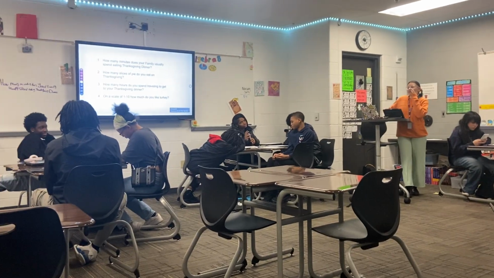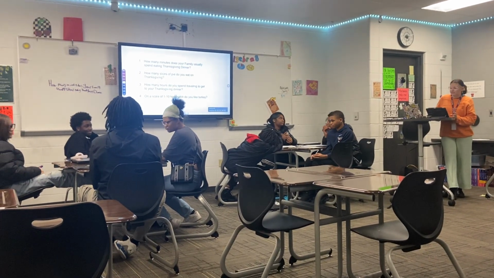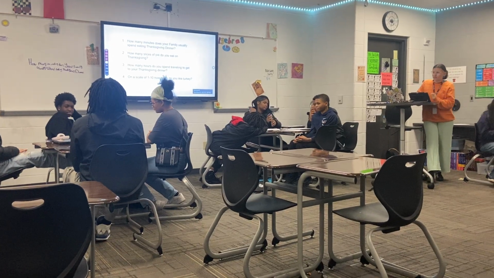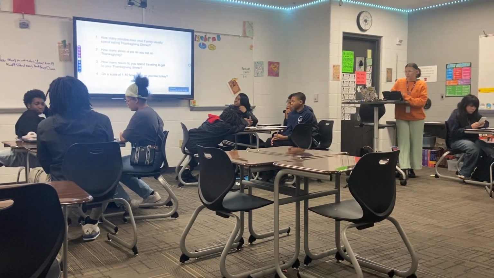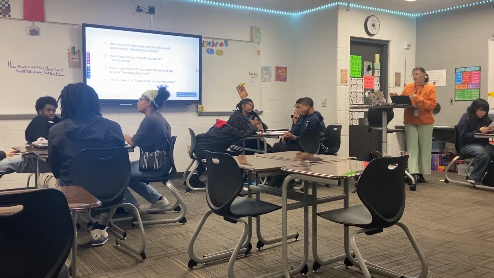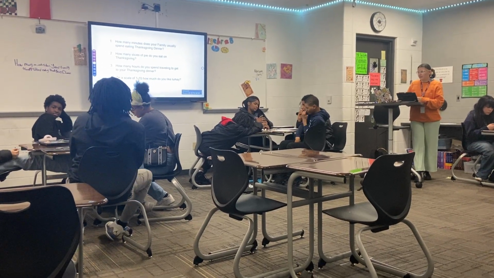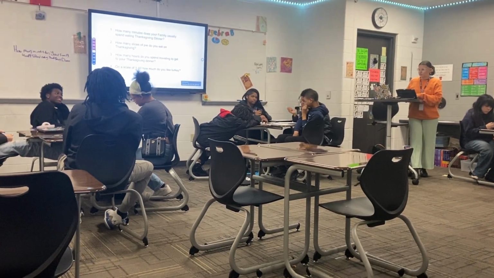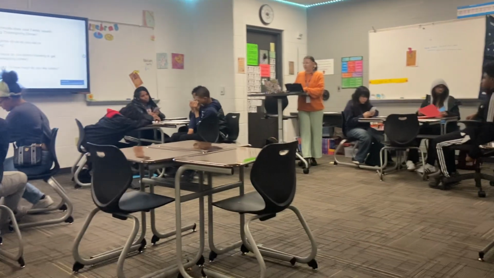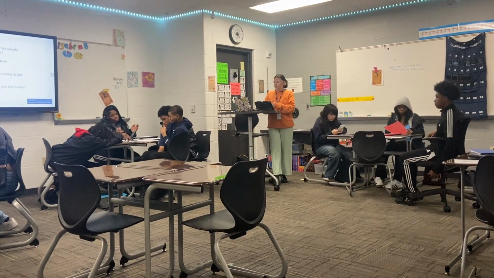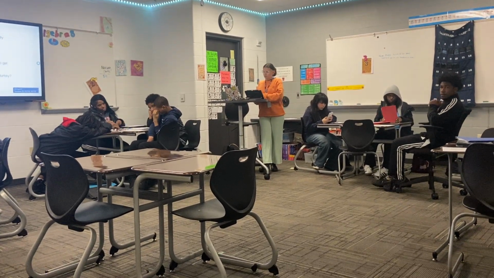Alright, so I'm gonna have you use this data to create histograms, but we're gonna do it in steps. The first step is I want you to create your bins. Think about the numbers that you have. If you have a bunch of 1s and 2s and 3s, then maybe your bins should just be 1 to 2, 2 to 3, 3 to 4.